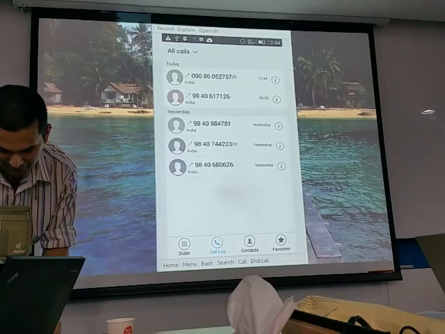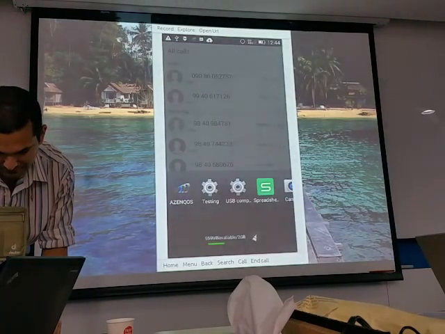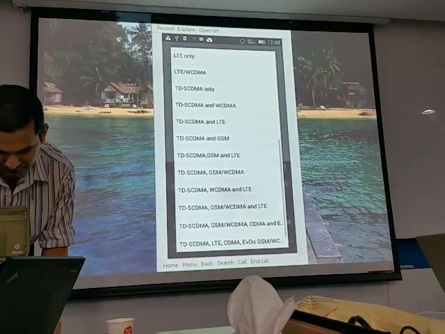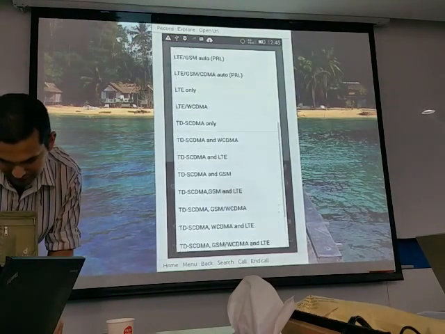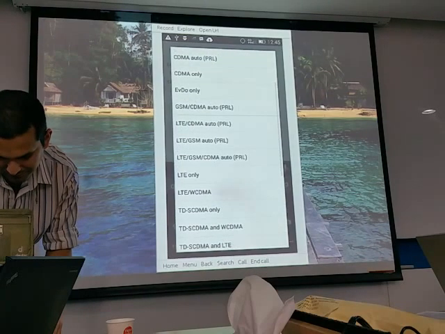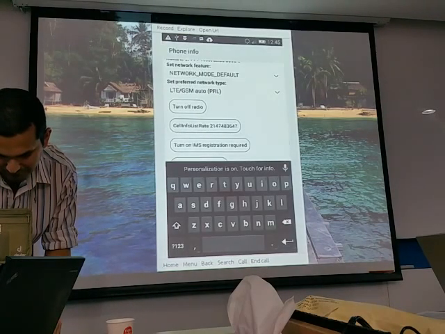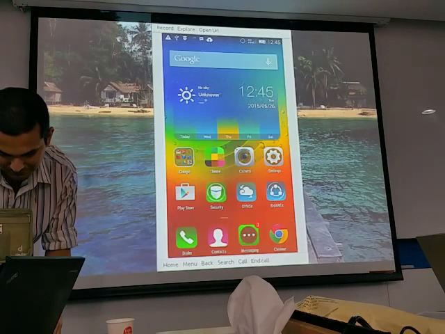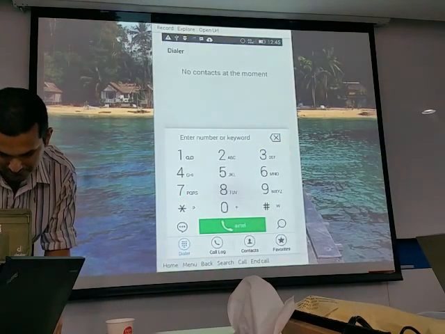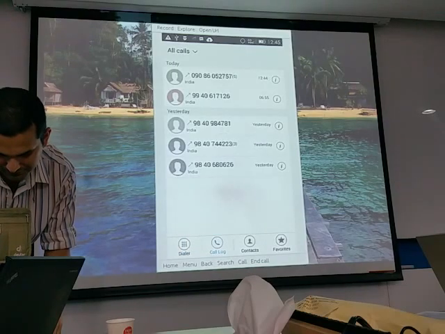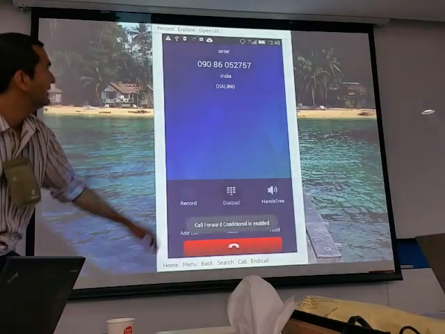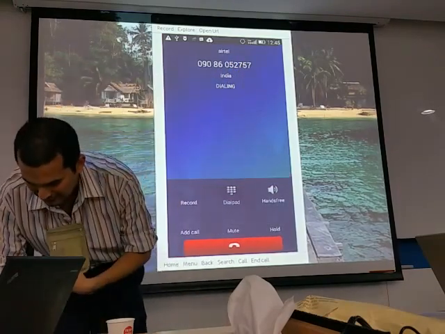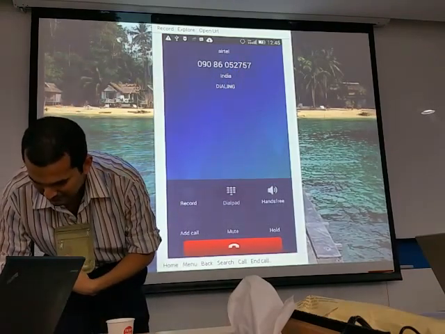We go back to the phone settings screen, and then we set it to the first option. And now we try to call again. You see, immediately it becomes EDGE there. So that means there was a CS fallback.